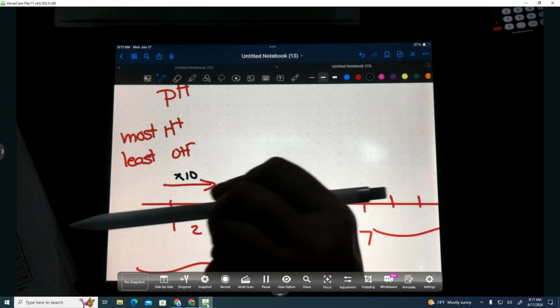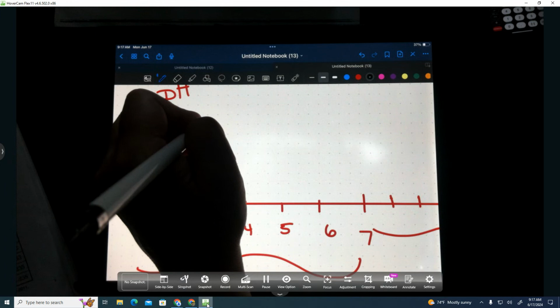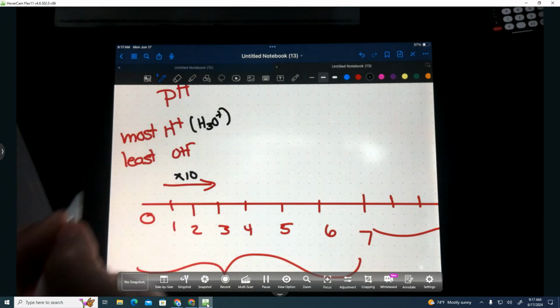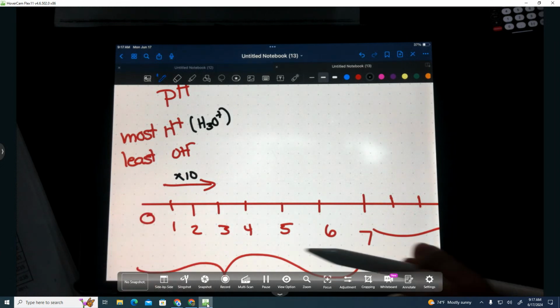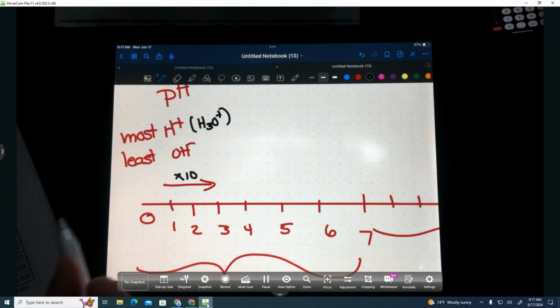You get more H pluses, also known as hydroniums. I'm going to say that one more time because they like to use that word. You have more hydroniums down here. Every number is a factor of 10.